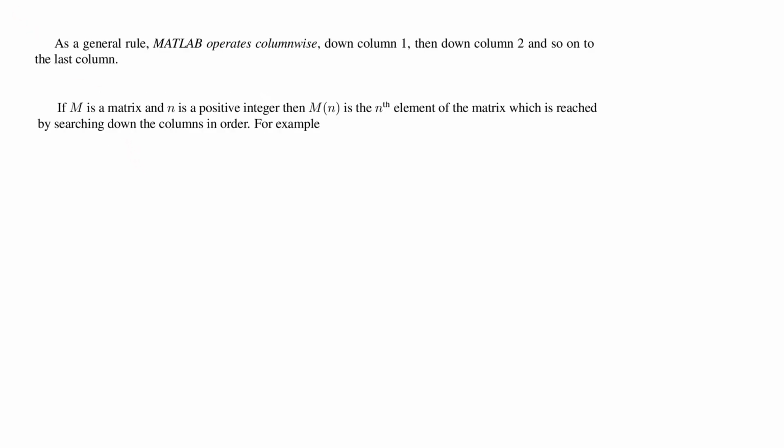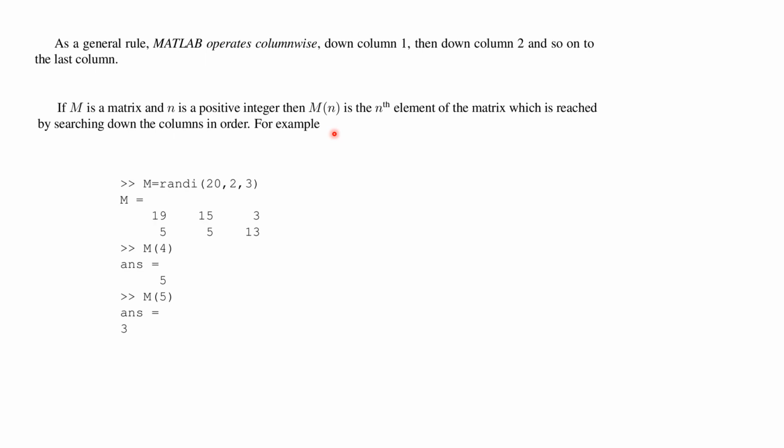Now, by default, MATLAB operates down columns. So if we've got a matrix M, and I tell it to extract M(n), it'll make a column out of M using M(:), and then extract the nth element.